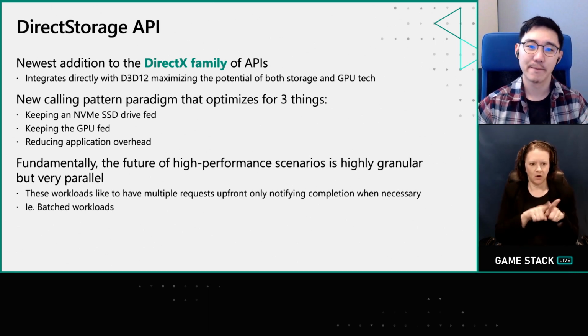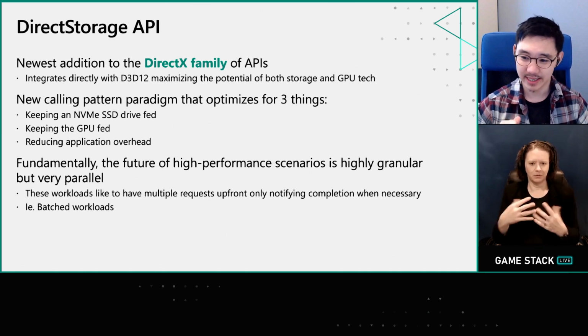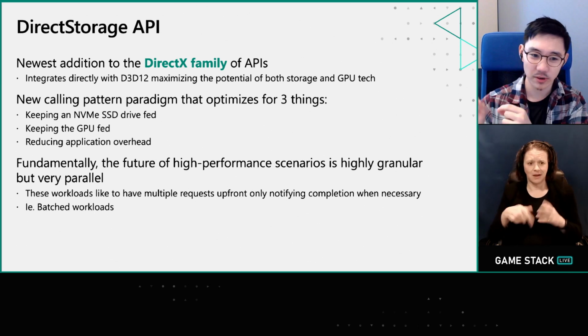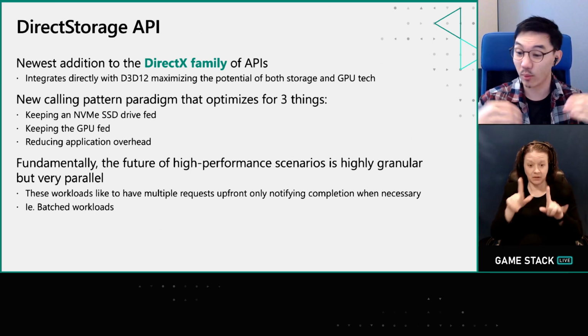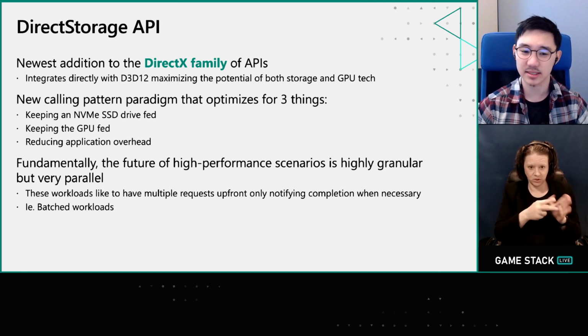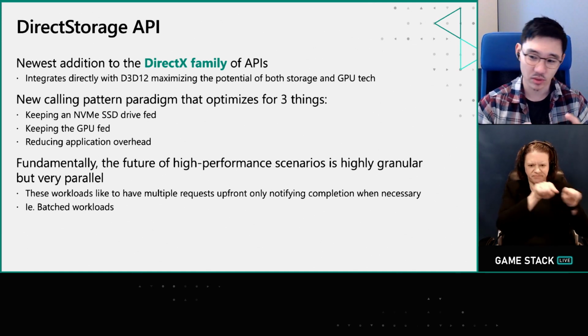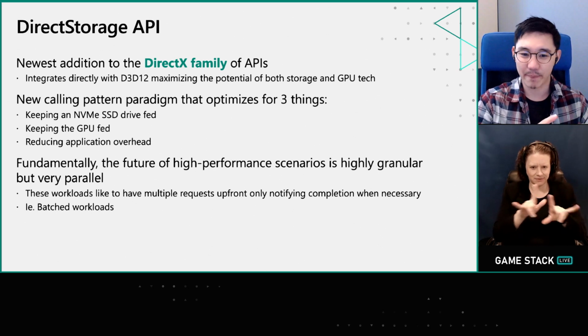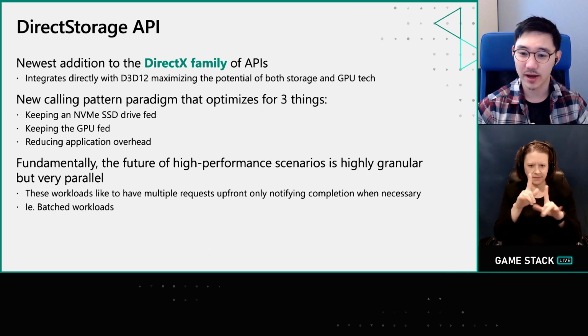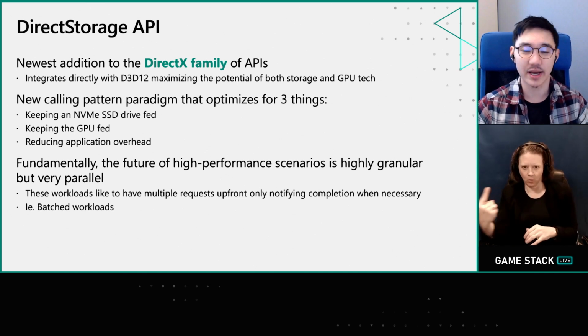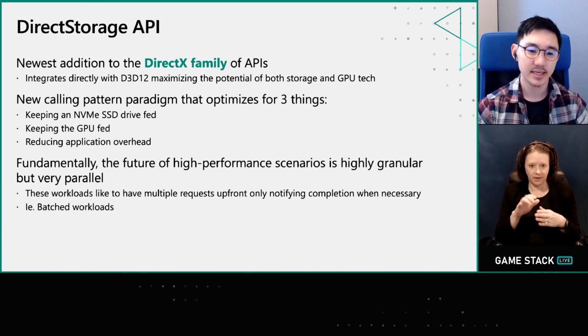Now, fundamentally, high-performance scenarios these days are highly granular, meaning you deal with a lot of small components, but very parallel, in which all of those can be done at once. And these essentially are workloads that like to have multiple requests up front, not necessarily doing one at a time, and only notifying you, the application, or notifying components when they really need to be notified.